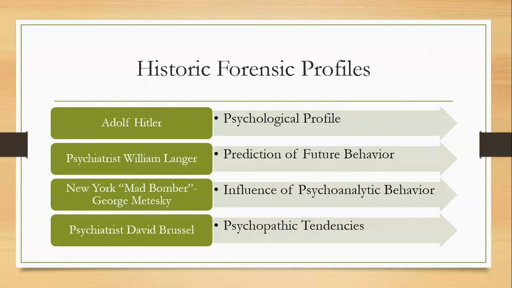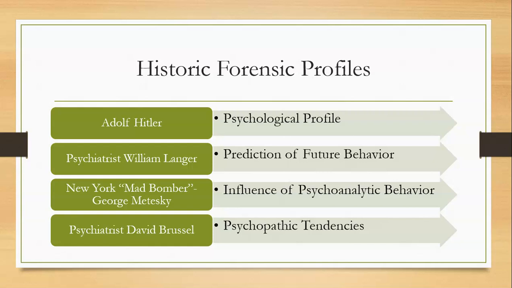Within this, Langer was able to identify certain traits within Hitler, such as narcissism, megalomania, and paranoia. He was able to make inferences about Hitler's sexuality. He was able to infer that Hitler possessed obsessive compulsive traits. And this is really important because in forensic profiling, when we go back to the root of psychology, understanding human behavior was very crucial in understanding a criminal mastermind such as Hitler.